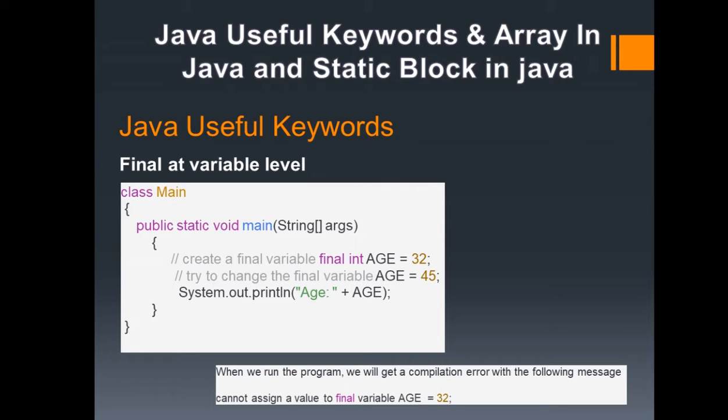After that, if you again try to initialize this age variable and print that value, it shows an error, and the error would be: cannot assign a value to final variable age. So that's how final at variable level works.